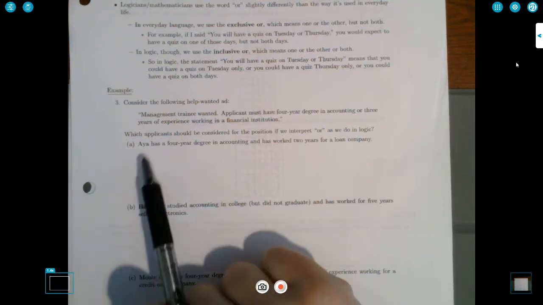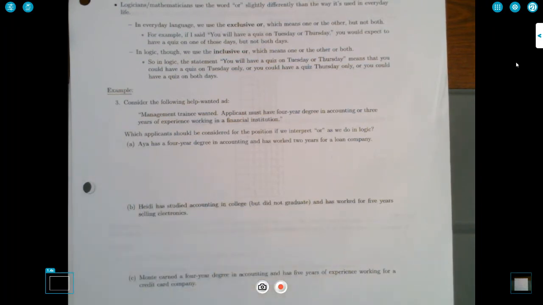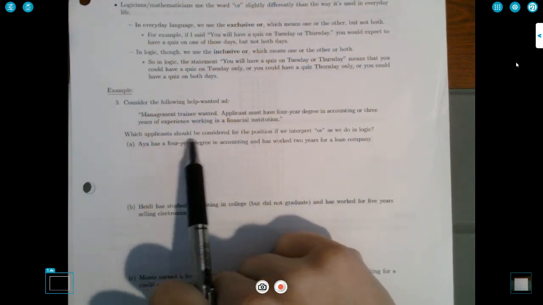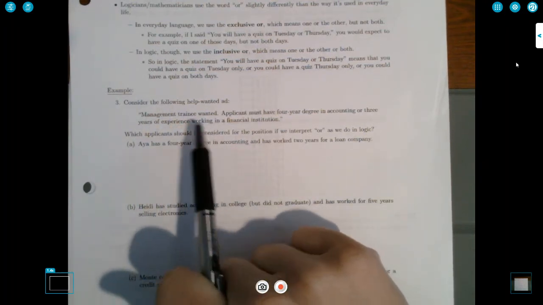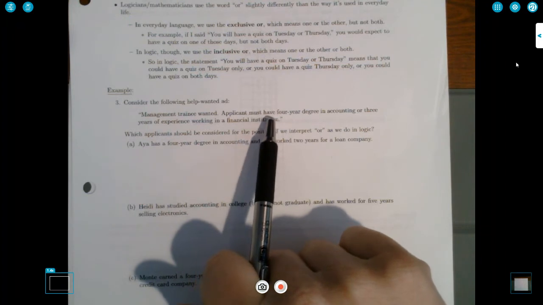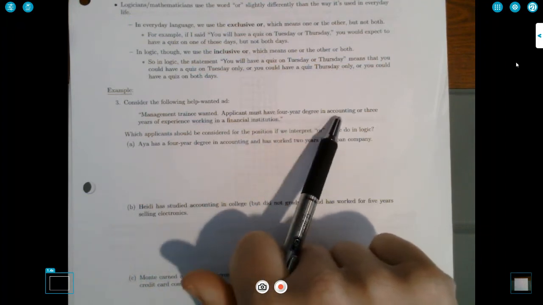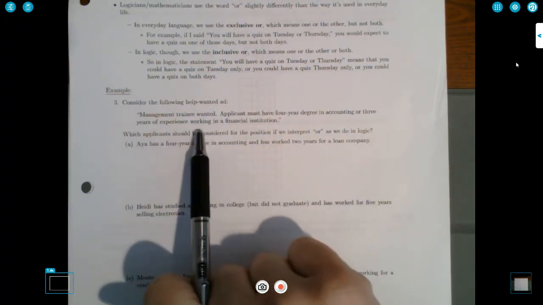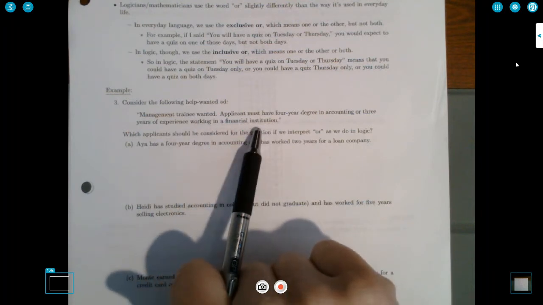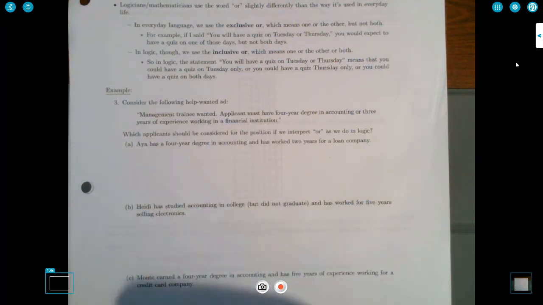Part A says, Aya has a 4-year degree in accounting and has worked 2 years for a loan company. Well, in order for an applicant to be considered for the position, they need to either have a 4-year degree in accounting or they need to have 3 years of experience working in a financial institution, or both, right?